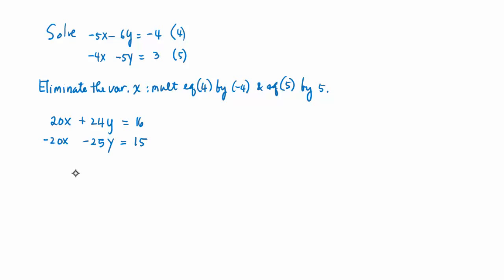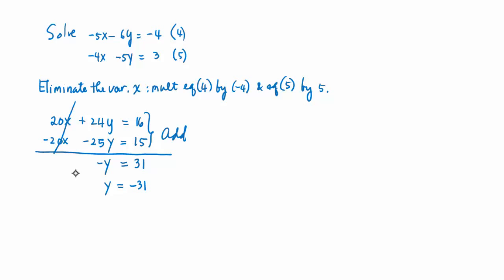Now let's add and see how the variable x is cancelled, and we have negative y is equal to, once we add these two equations, we're going to get 31, right? Is that correct? I believe so. Okay, so now we have y is therefore equal to negative 31. So what do we do with this number? Then we plug it back into one of these equations, then we solve for x.